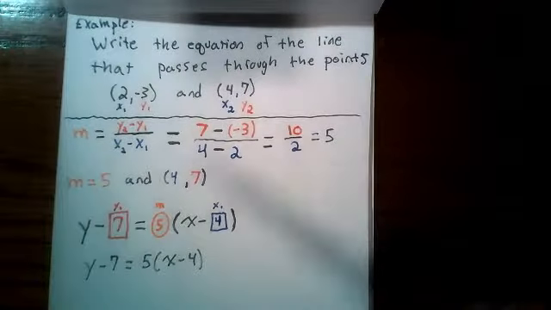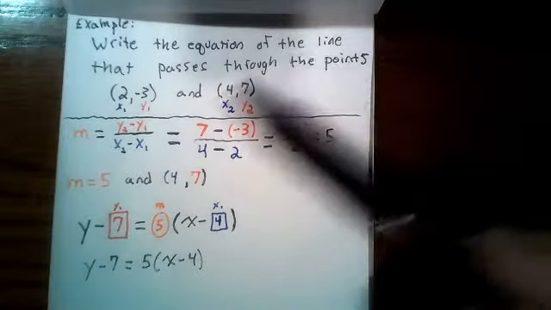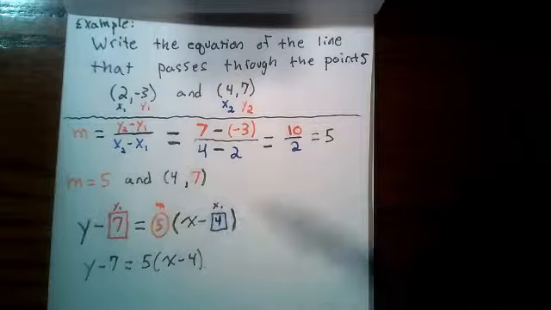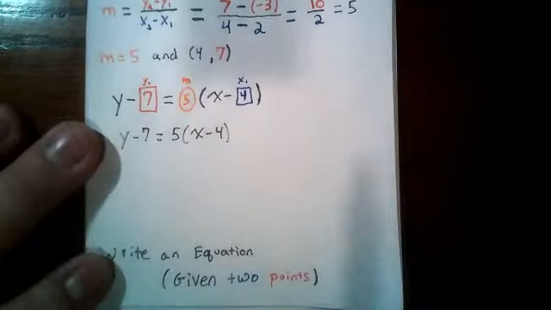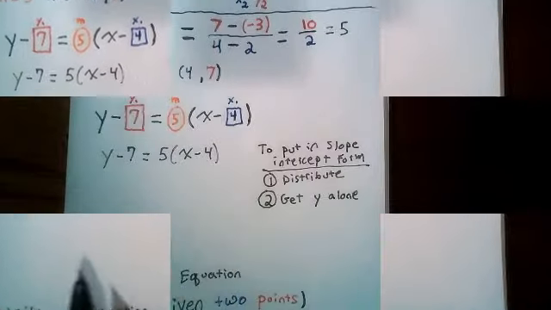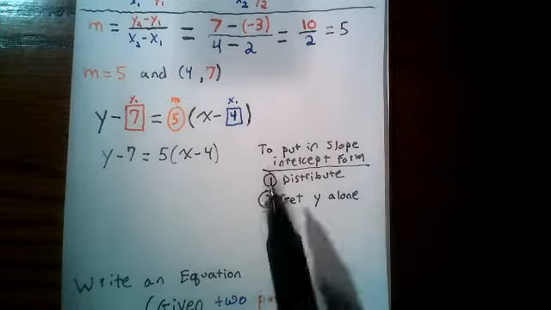Oftentimes as well, you're going to be asked to write the equation of the line that passes through the points, right? Gives you 2 points, but then you'll be asked to put it into slope-intercept form. And what that means is just bring it all the way down to y equals mx plus b. So to put in slope-intercept form, there's really only 2 steps.